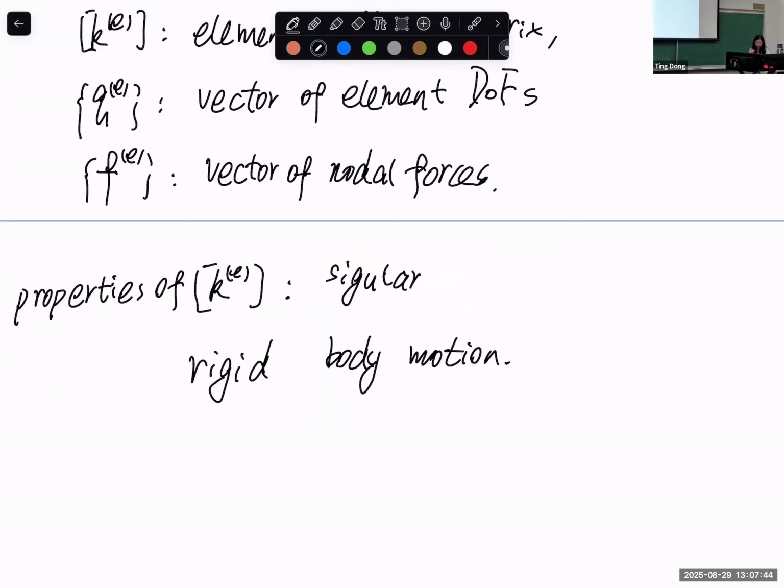Of course, rigid body motion means that there's no unique solution for Ui and Uj, and to remove this rigidity or remove this singularity of the matrix, we need to apply boundary conditions, and we can have a unique solution for Ui and Uj.